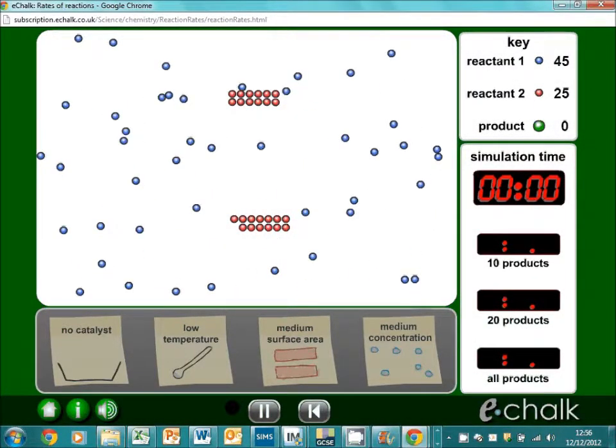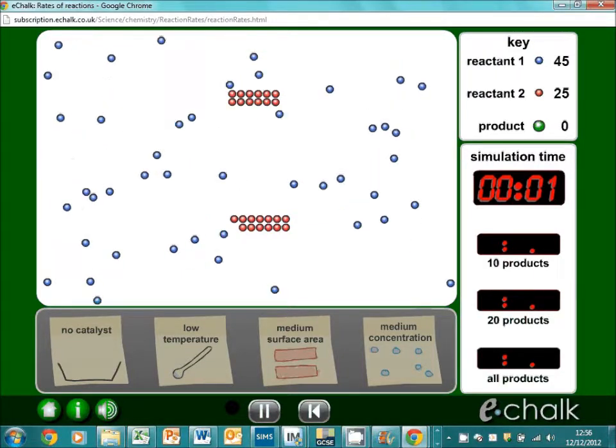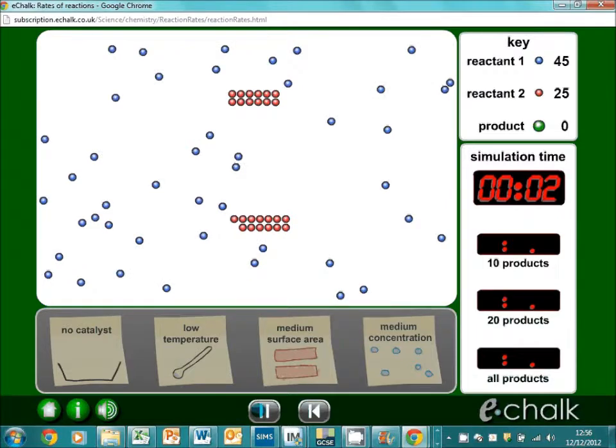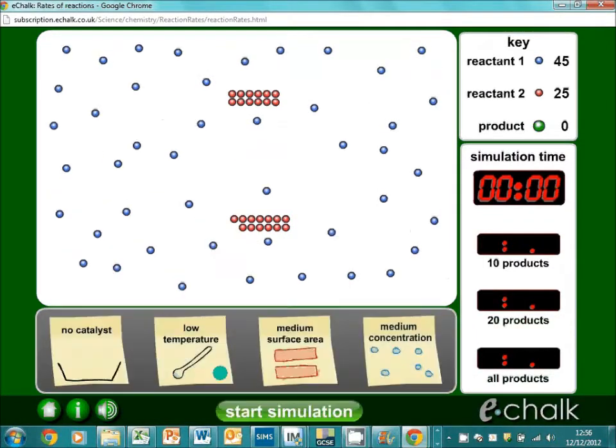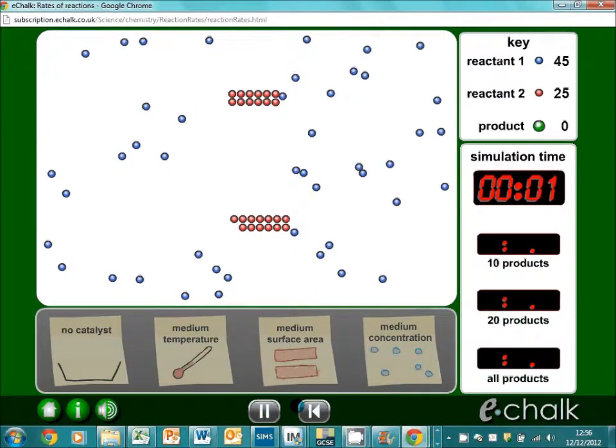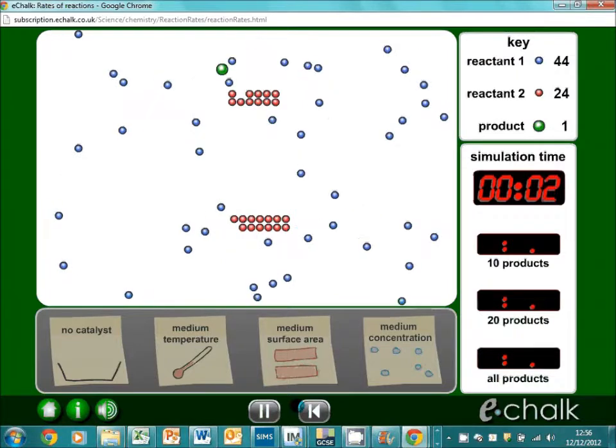If we have a look at this, with a low temperature, you can see the particles are moving around really slowly, and they're bouncing off. If they don't have enough energy, no reactions will occur. If we increase the temperature and start again, you will see that eventually some successful collisions will occur.